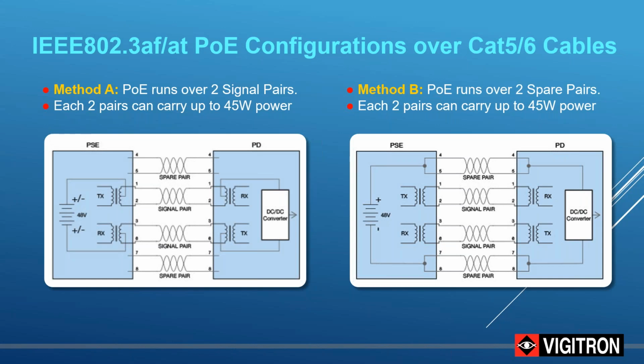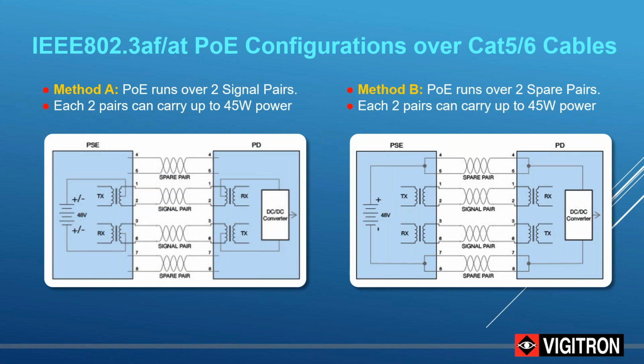Also, keep in mind that within the 802.3 AF and AT, there are different ways of running PoE. Sometimes these are referred to as the A method and the B method, and you can see these differences here. In the A method, basically we have a single pair of which 2 pairs are communicating power.